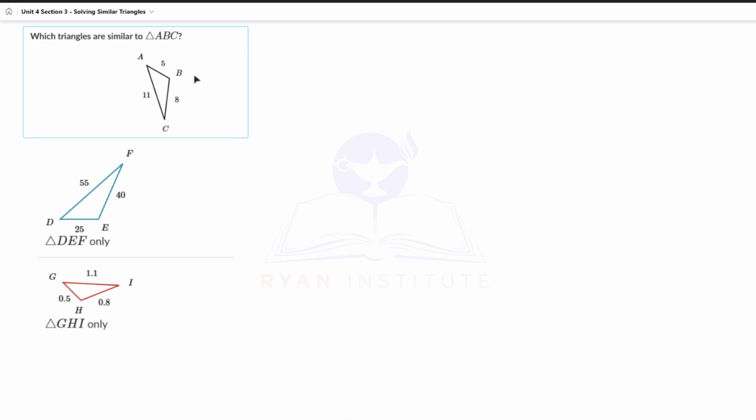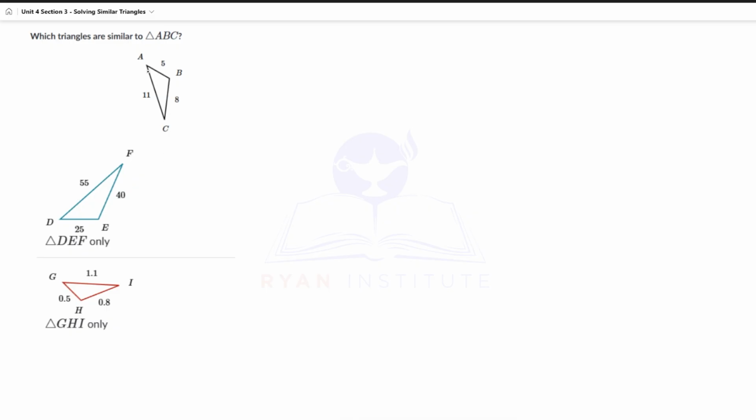Now let's take a look at this triangle. We're given a triangle with all sides, no angles. We have 5, 8, and 11 here. And so it looks like we have two scaled triangles here, and we want to see if they are proportional to each other.